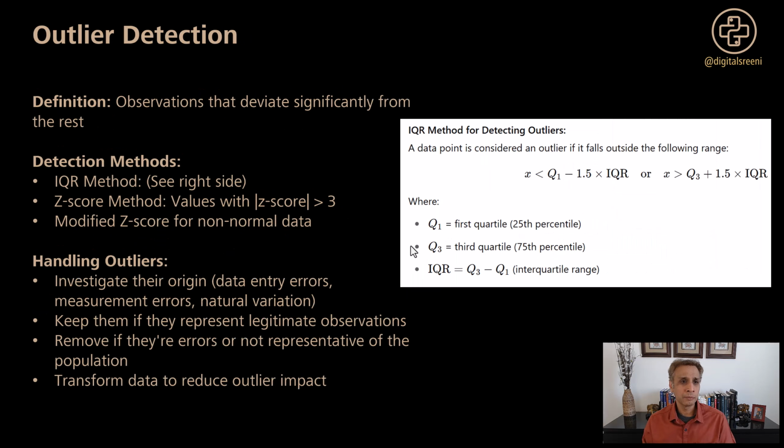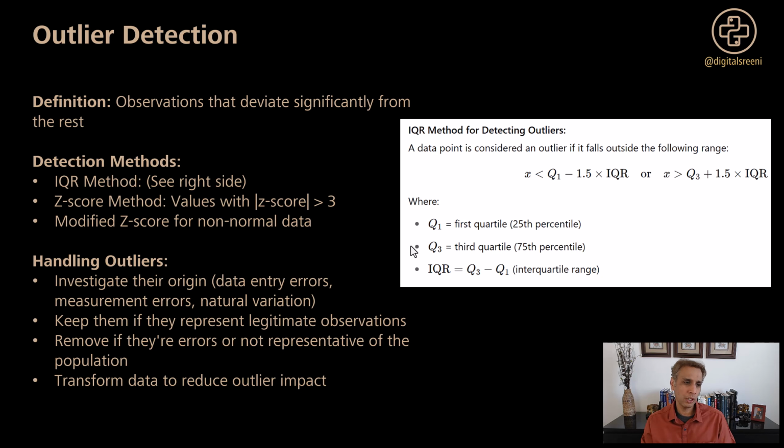Okay, now more about outlier detection. We talked about outliers earlier, where anything above or below 1.5 times the interquartile range we consider to be an outlier. So this is one way, or you can use the z-score: if the z-score is greater than 3, then it is an outlier.